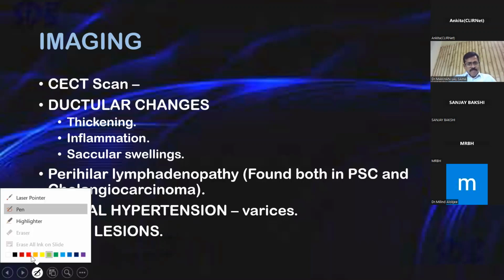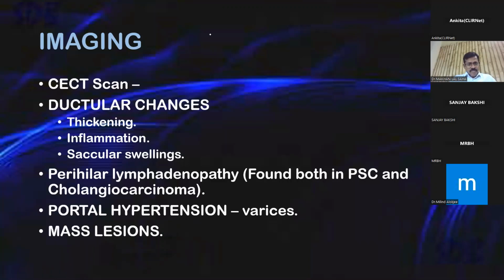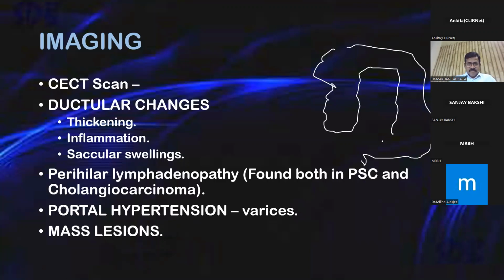Total proctocolectomy. Okay, you've done a total proctocolectomy, with the ileal pouch, ileoanal anastomosis, creating a pouch.